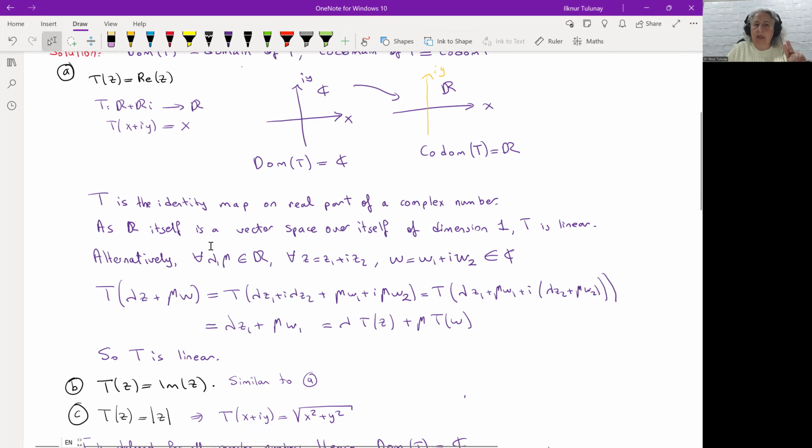I'm taking any two scalars lambda and mu from the real numbers, and any two numbers z and w from the complex numbers, and taking the linear combination of these two complex numbers and applying the transformation T. It should give lambda times Tz plus mu times Tw, a linear combination of Tz and Tw.